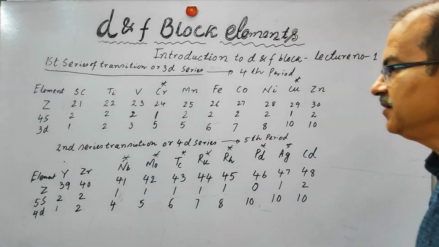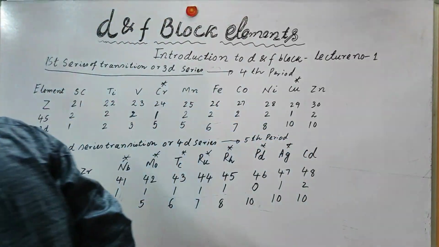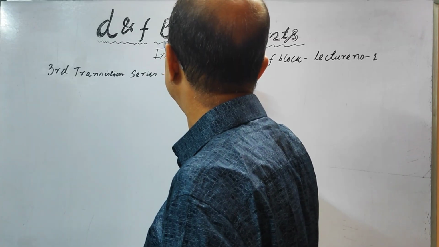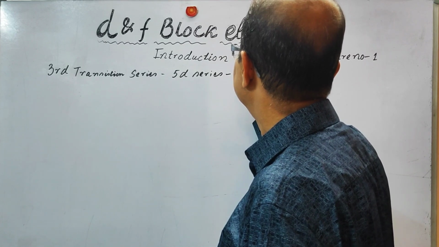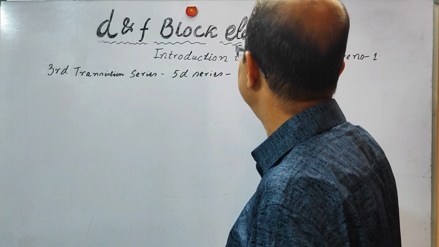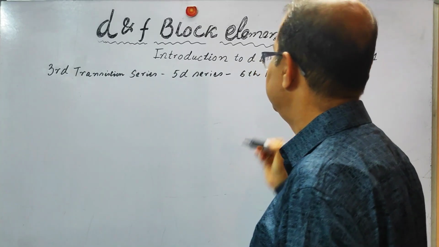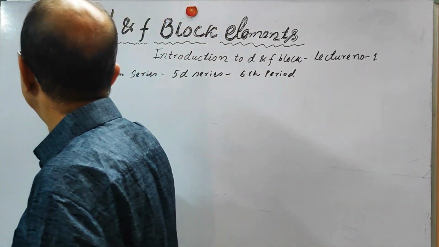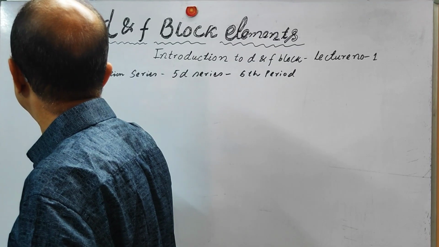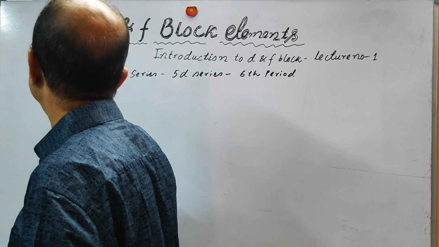Now we are going to discuss another series, and it is in the sixth period. If we go by the period, this is the sixth period. Now the element, then the atomic number.